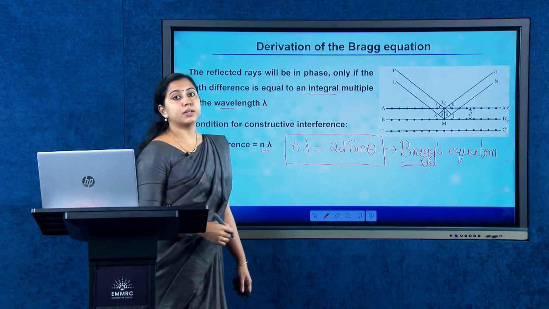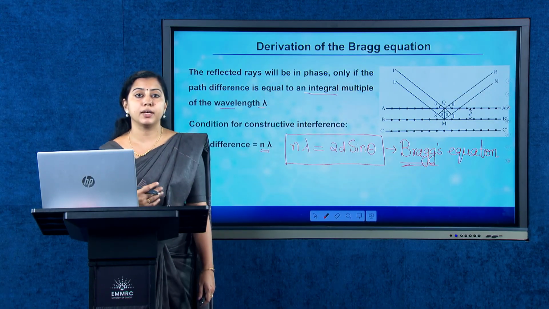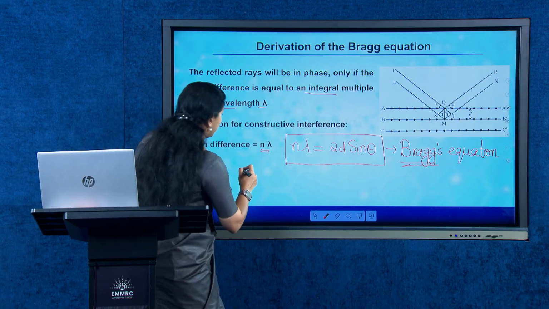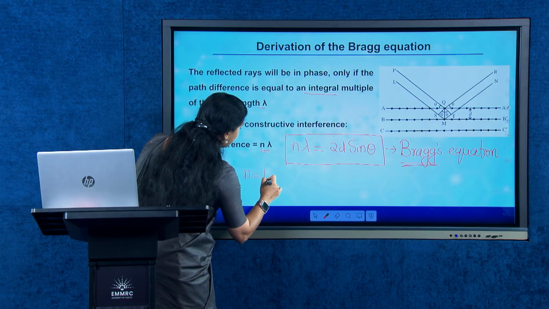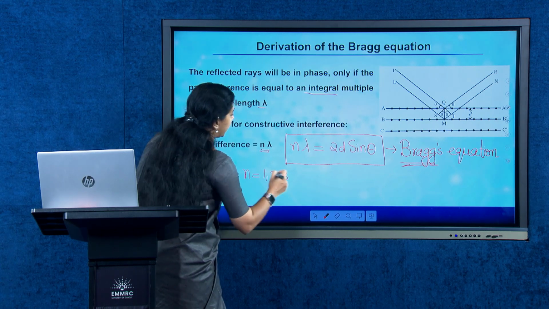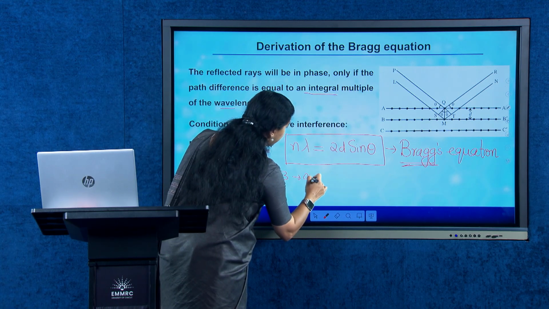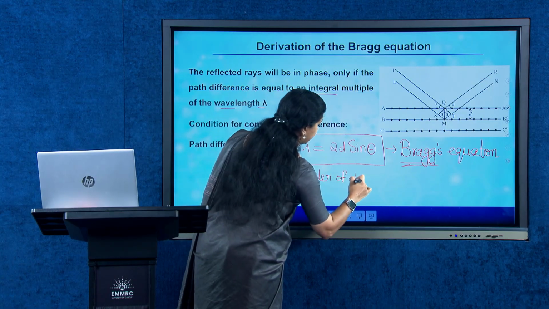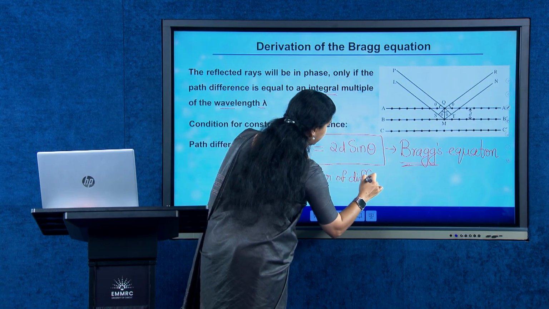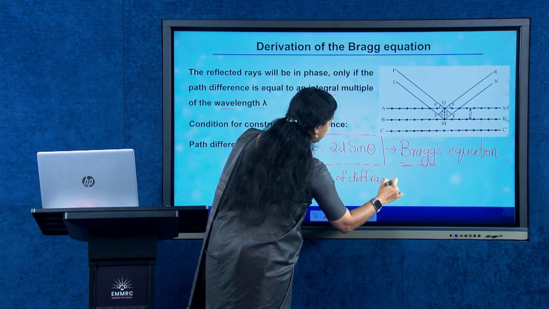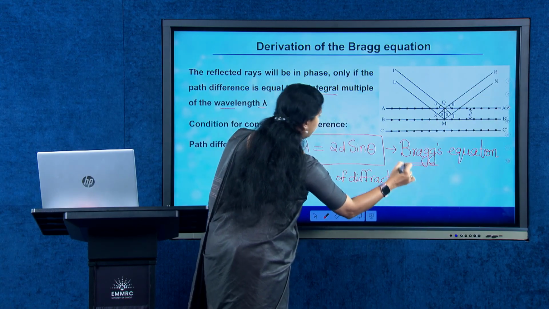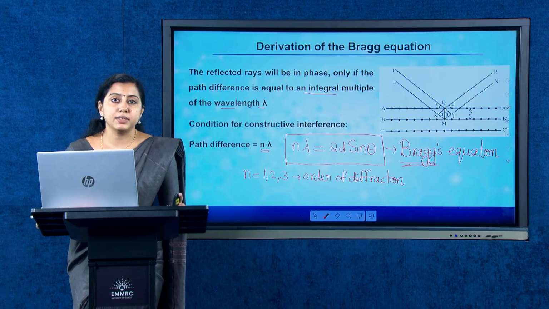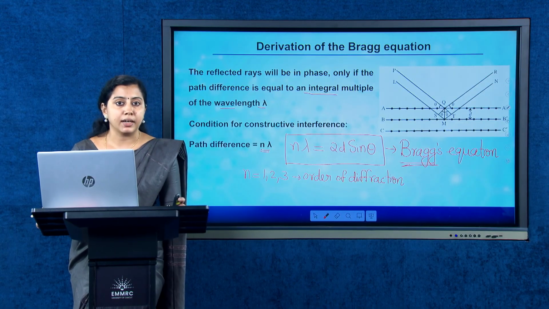Here lambda is the wavelength of the X-rays used, and n is the order of the diffraction. The value of n can be 1, 2, 3, and it is called the order of diffraction. And what is d? d is the spacing between the adjacent planes and theta is the incident angle.